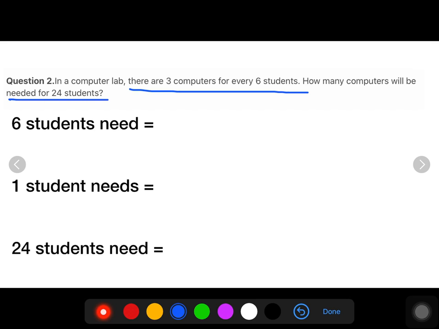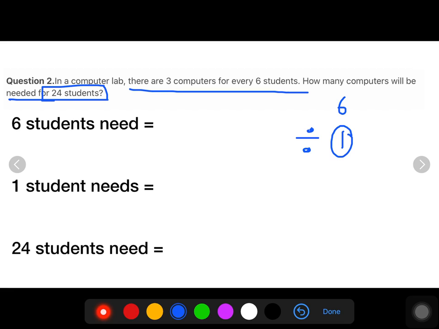Unitary method means, for 6 students the information is given, so from 6 students you will first find the value for 1 student. Whenever you find the value for 1 unit, you will divide. From 1 you will find the value for whichever is asked in the question. Which is asked here?